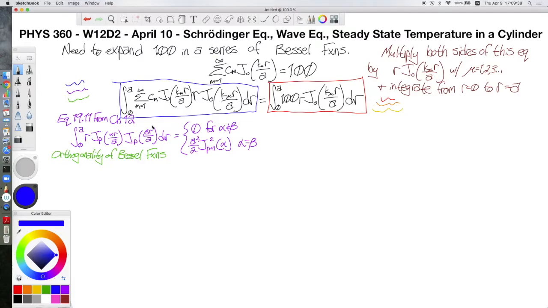So alpha r over a is a zero of J_p, and beta r over a is also a zero of J_p. And that's good because our k_m r over a and k_mu r over a are also zeros of these Bessel functions. What this means in terms of our math is that only the terms where mu equals m survive.